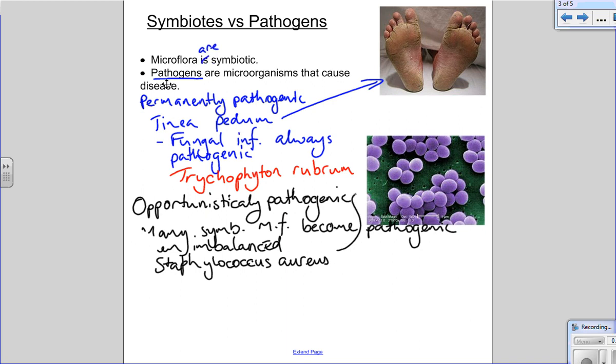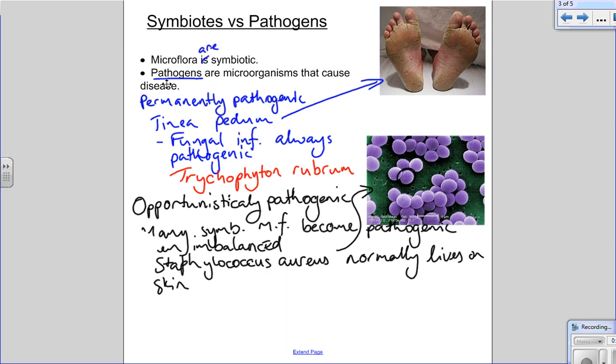Now, that's this one here. The coccus part refers to the circular shape of the bacteria. So it's a bacteria. It normally lives on the skin.